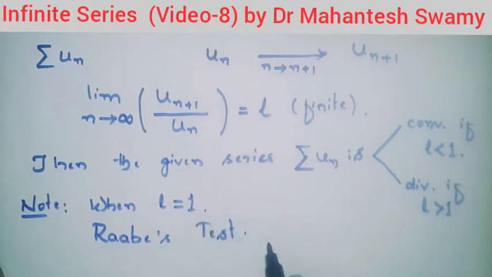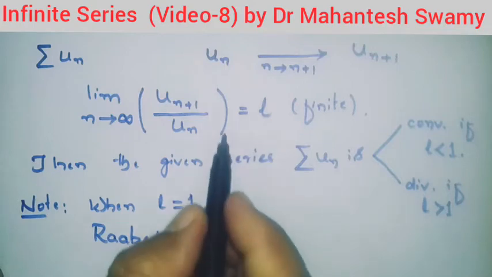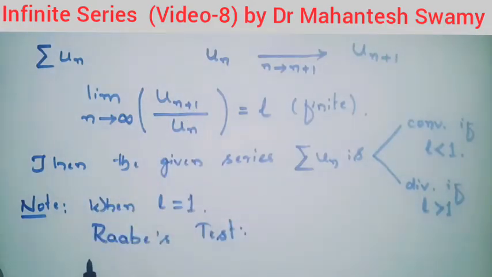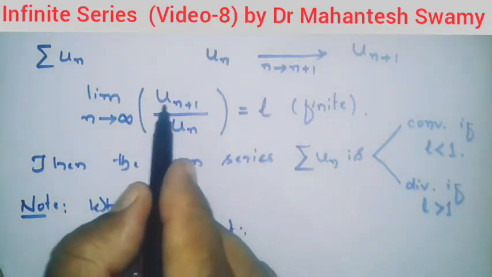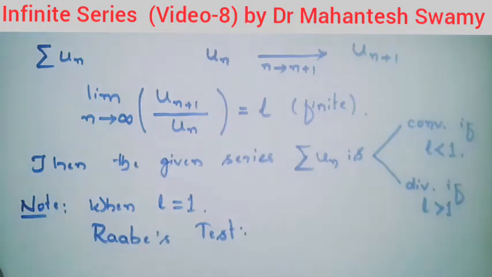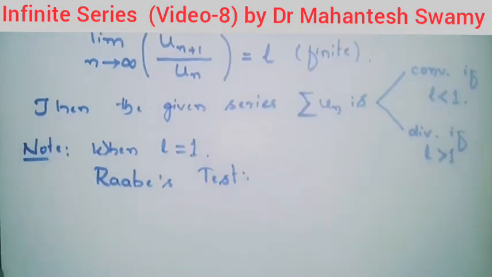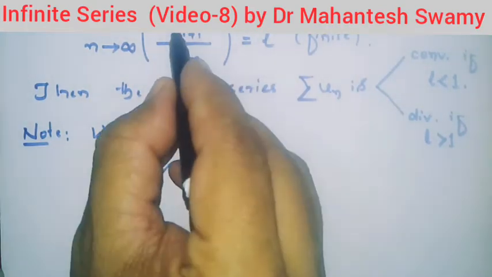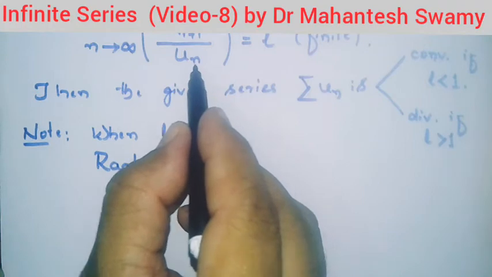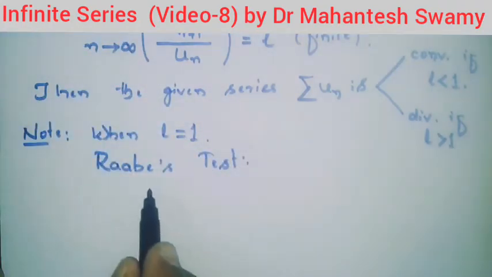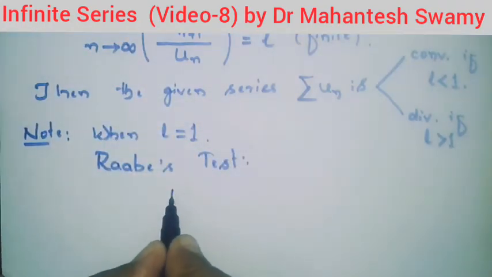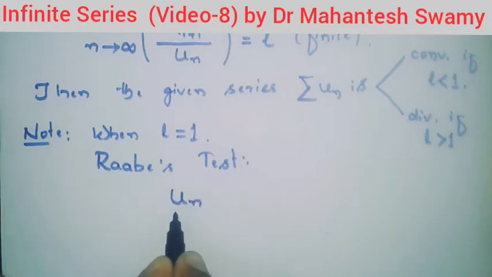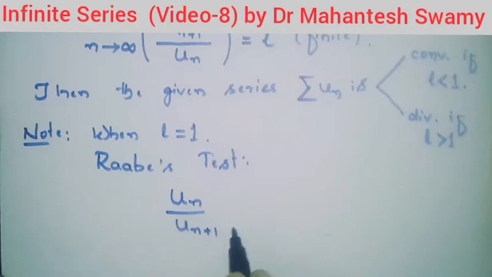In Raabe's test, very similar work is to be done as in the previous test, that is the ratio test. In Raabe's test, we have to consider the reciprocal of the term un plus 1 divided by un that we considered for the ratio test. Now for Raabe's test, we consider the reciprocal, un by un plus 1. After that, take minus 1.